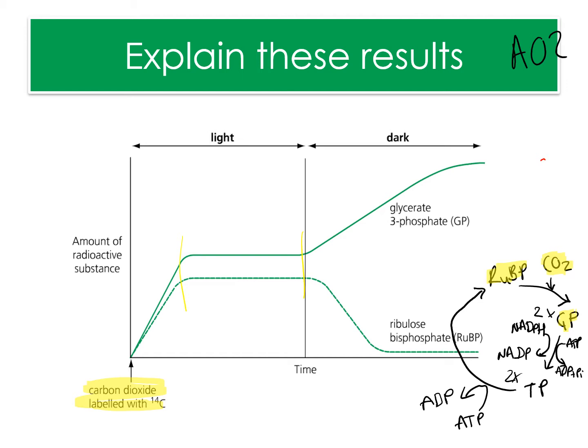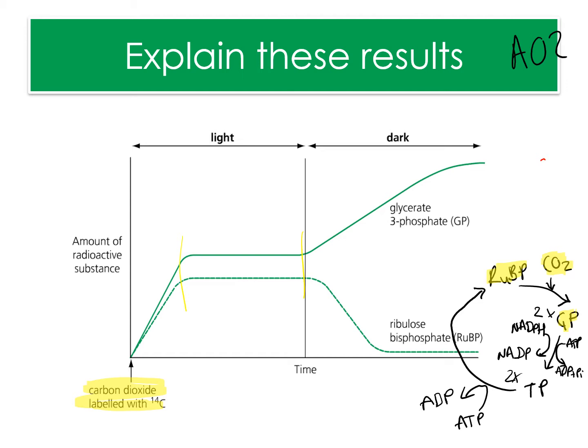That would tell you that GP is being produced at the same rate as RuBP is being produced and used. So all the reactions are taking place at the same rate. As RuBP is being broken down to GP, it's then being recycled to RuBP at the same rate.